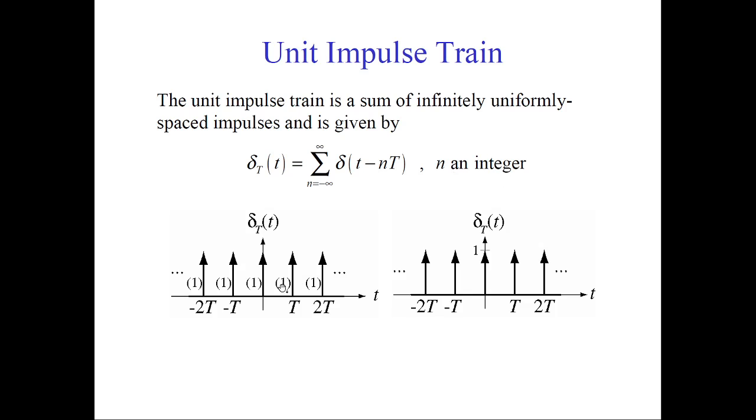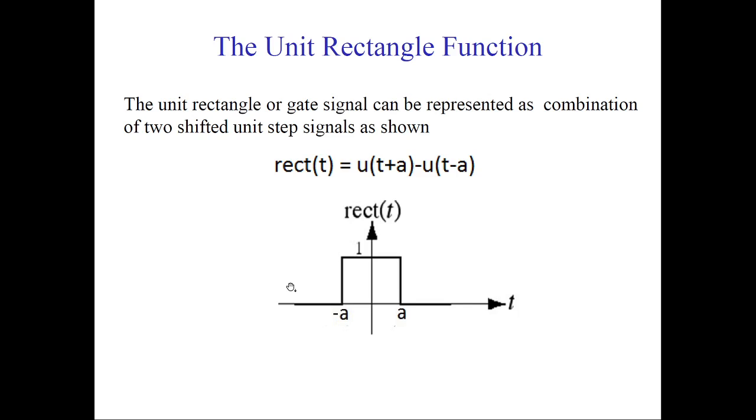Suppose this is my del of t function present at the 0 instant, and then at T, 2T, and likewise minus T, minus 2T, minus 3T, minus 4T. If I add these infinitely many functions, I get the unit impulse train.